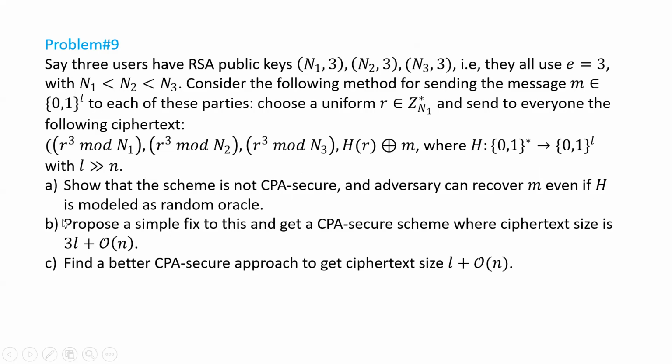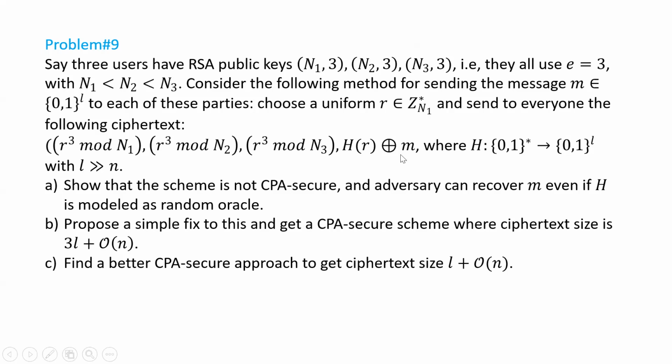Then the second part says to propose a simple fix to this and get a CPA secure encryption scheme where the ciphertext size is 3L plus order of n. So just note that the H function maps the output to an L length binary string.